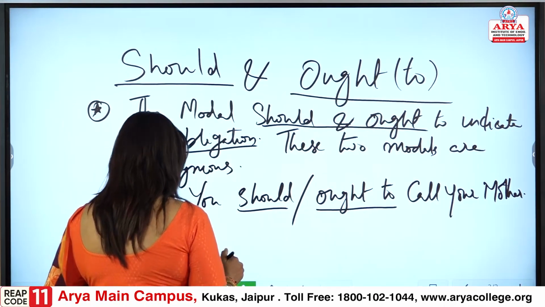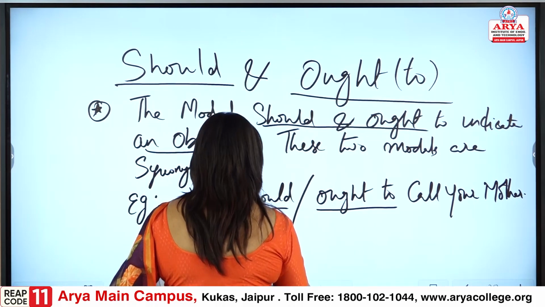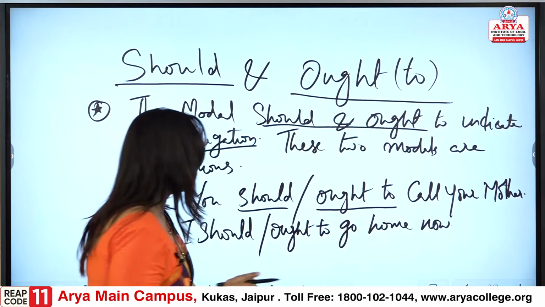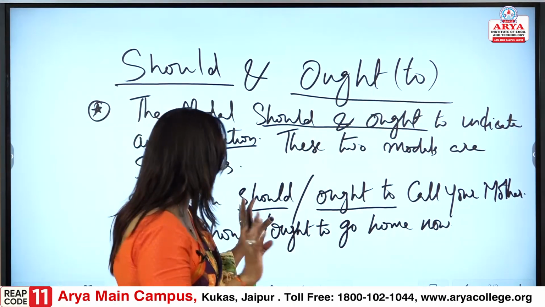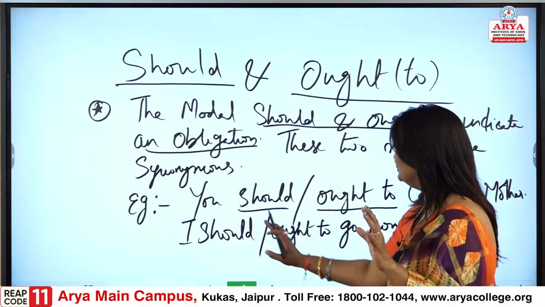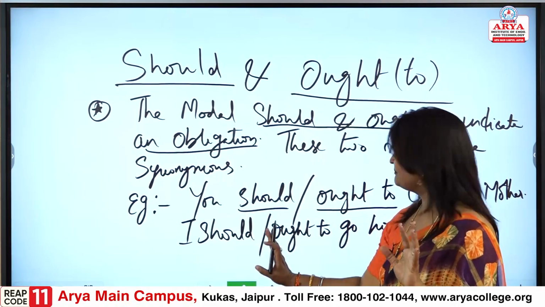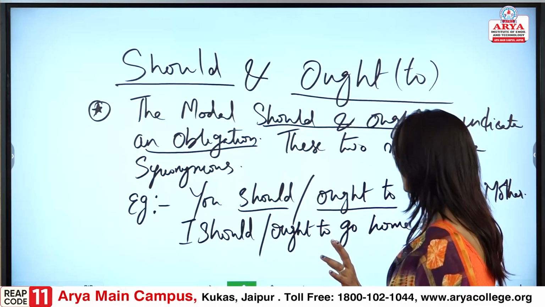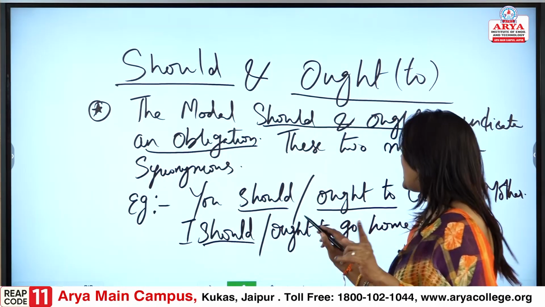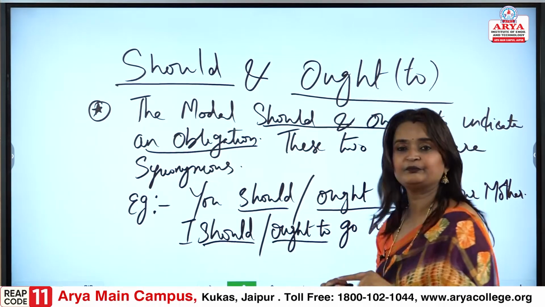Let me give you one more example. I should or ought to go home now. Let me remind you again: I should go home now, or I ought to go home now.